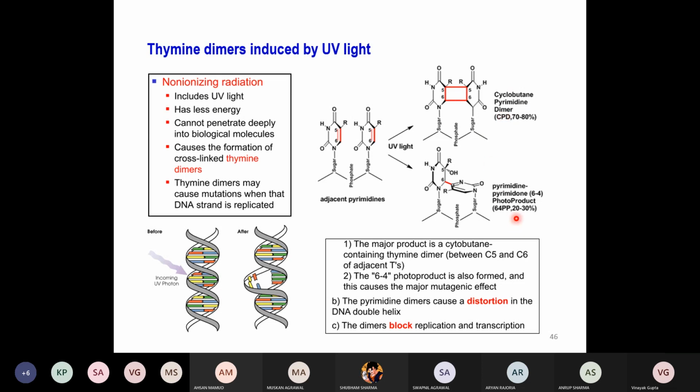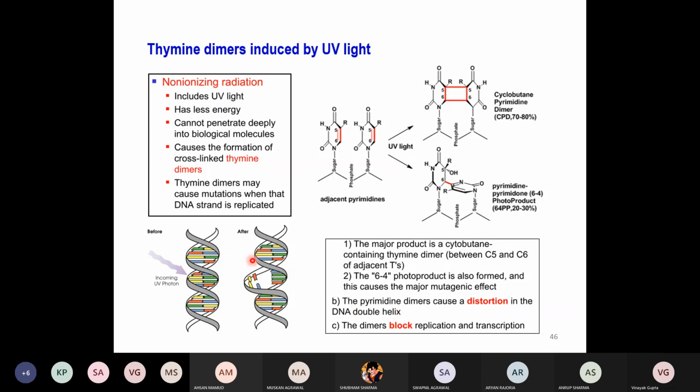In the rest of the cases, 20 to 30%, there is a different kind of structure which is forming here. It is called pyrimidine 6,4 photoproduct. There is a bonding between the sixth position and fourth position, and that will lead to this kind of dimer formation, the 6,4 photoproduct. And when you have this kind of dimers in the structure of DNA, they are going to cause distortion in the structure of DNA.